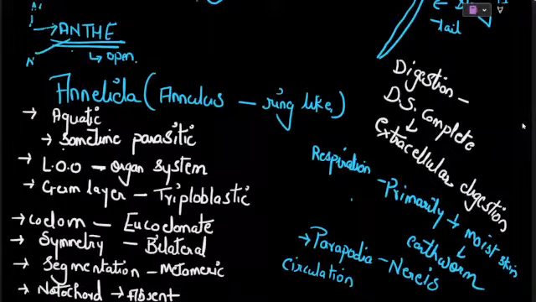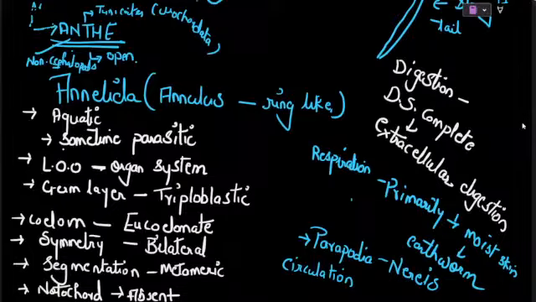N stands for non-cephalopods, a category of mollusca. T stands for tunicates, which is also known as urochordata. H stands for hemichordata.